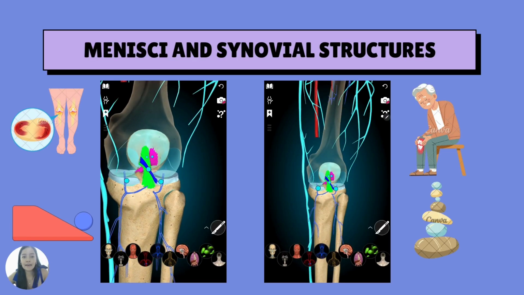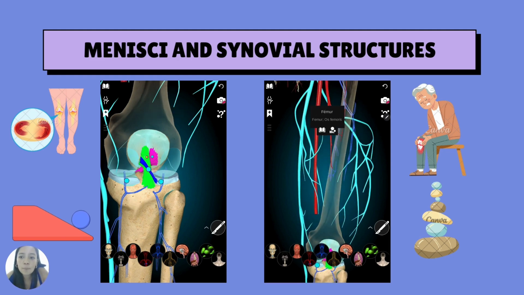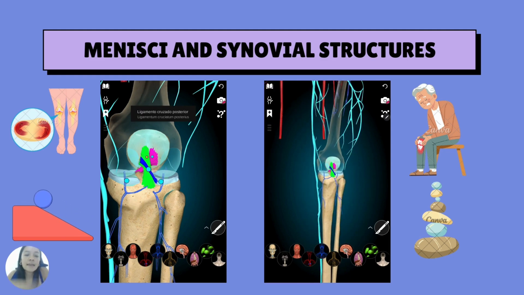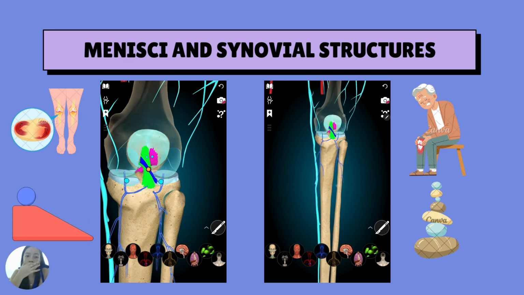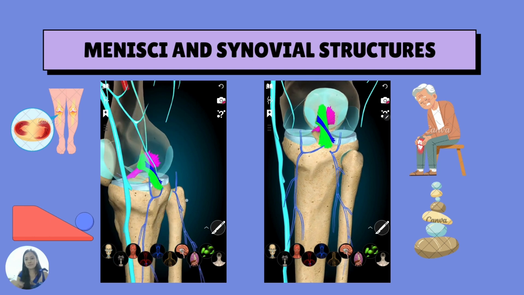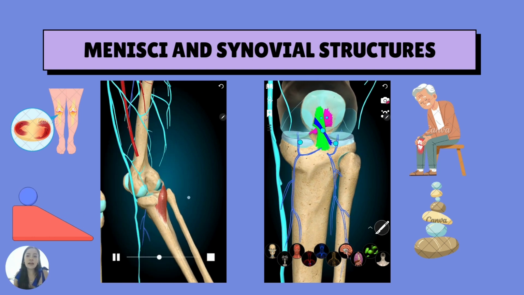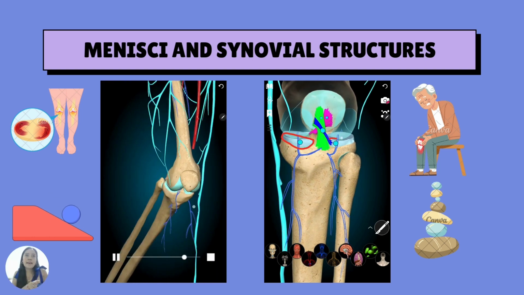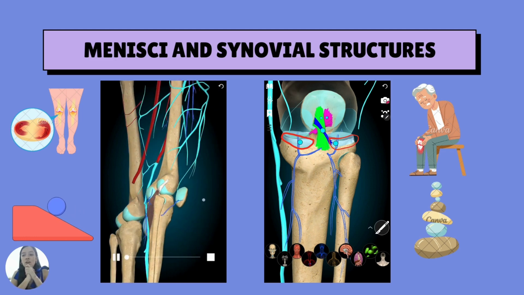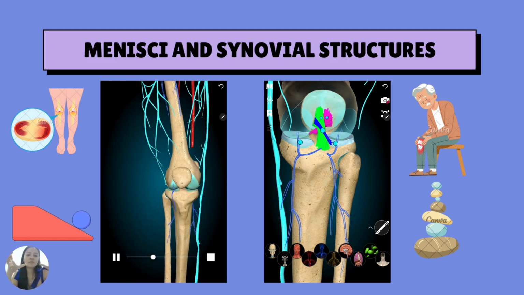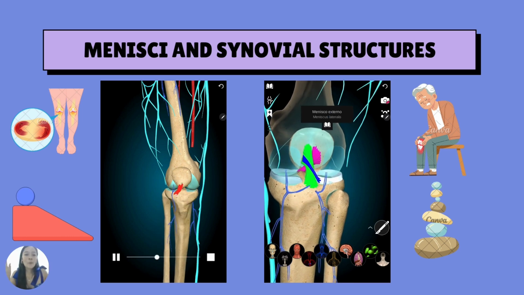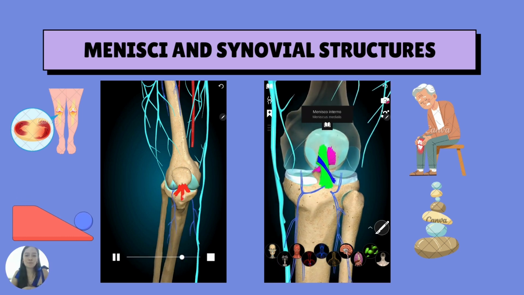The medial meniscus is more fixed and prone to injury, and the lateral is on the left side and is more mobile. The menisci control the rotations and support the knee against injuries in this part.